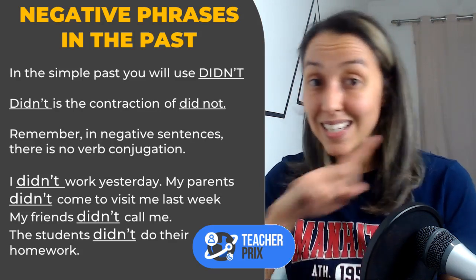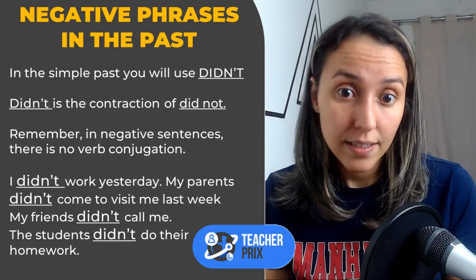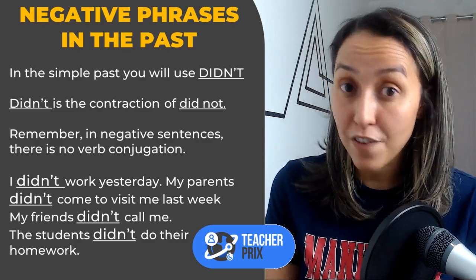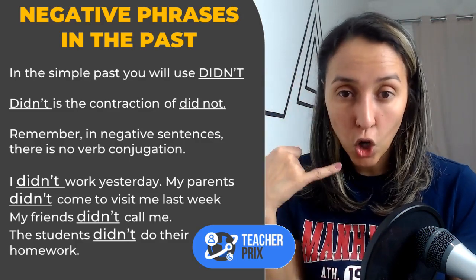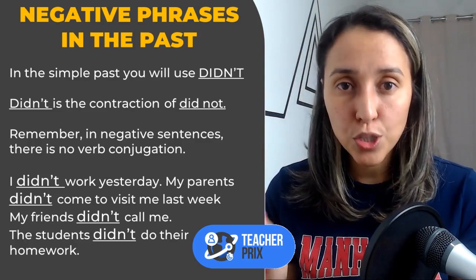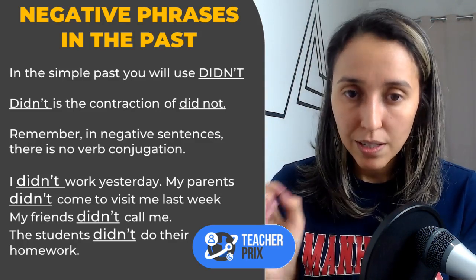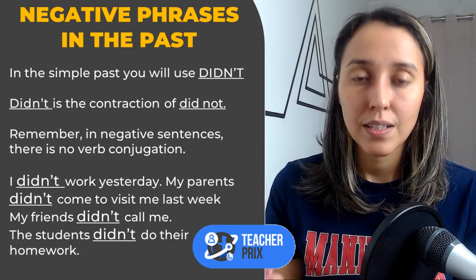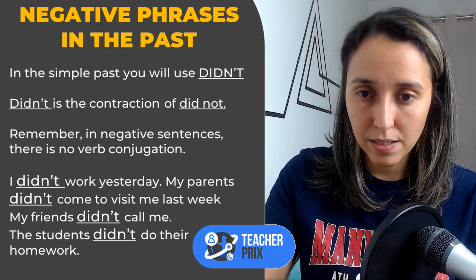My parents didn't or did not come to visit me last week. My friends didn't call me. The students didn't do their homework. So this is how you will make a negative phrase in the simple past.